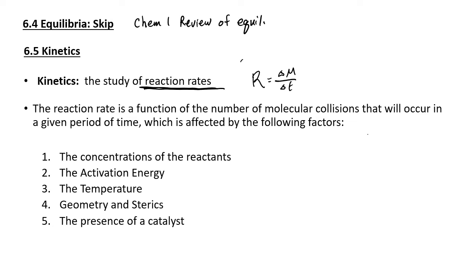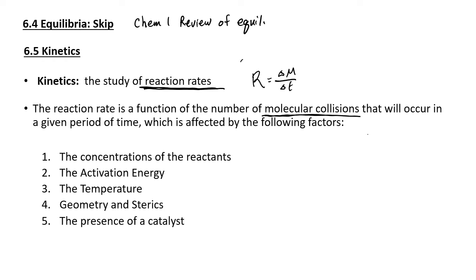So how much of the chemical components are changing in a given amount of time. How much stuff reacts in a given amount of time. The rate of a reaction is always a function of molecular collisions, right?